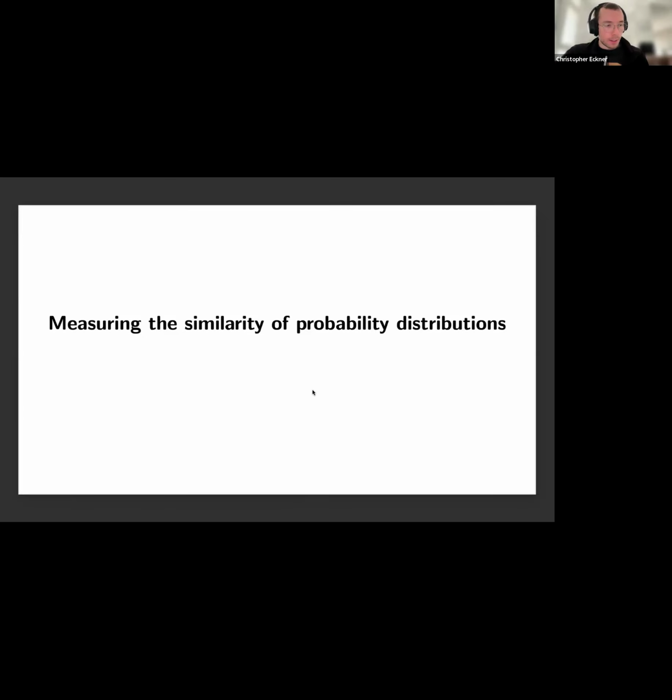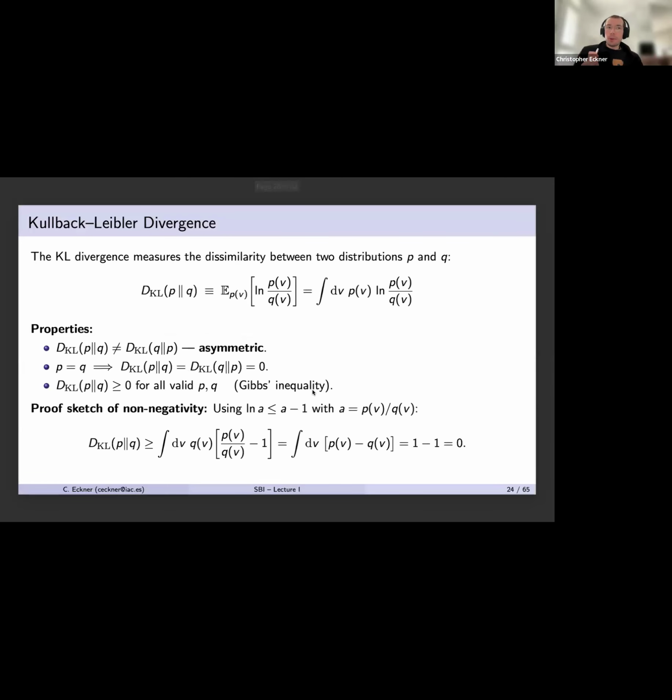So we talked about the posterior distribution of parameters given an observation, which is the quantity you want to infer. How do we do this, and how do we quantify the similarity of certain probability distributions mathematically? You've heard about this in the last lectures from Alex and Gabby.